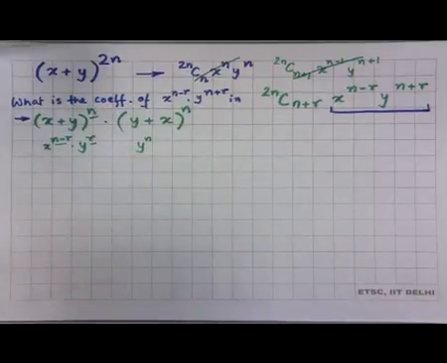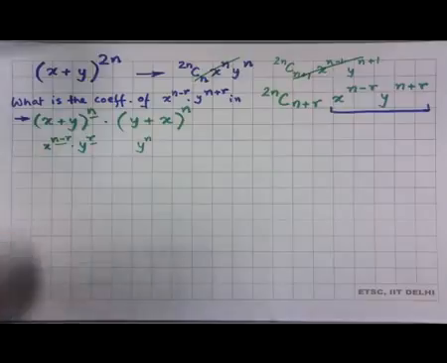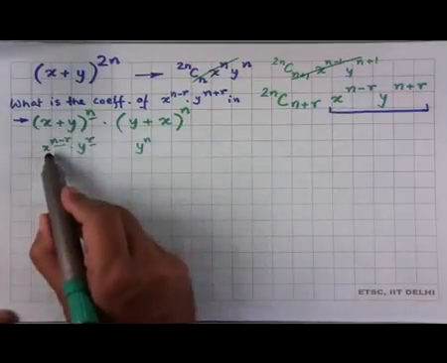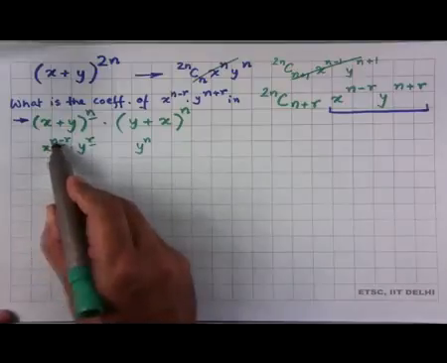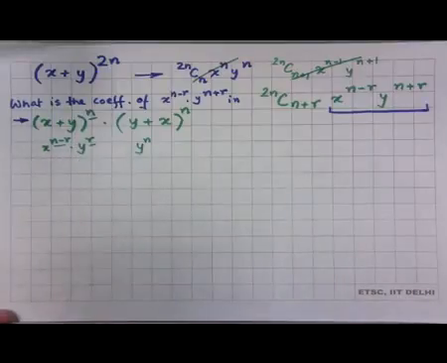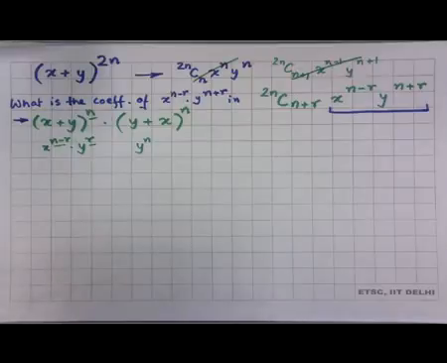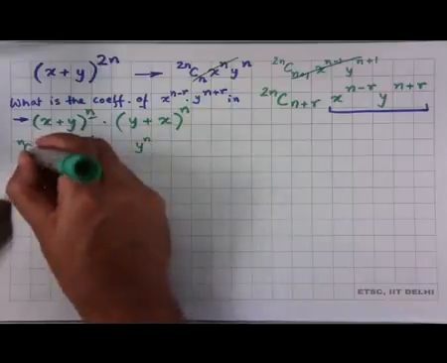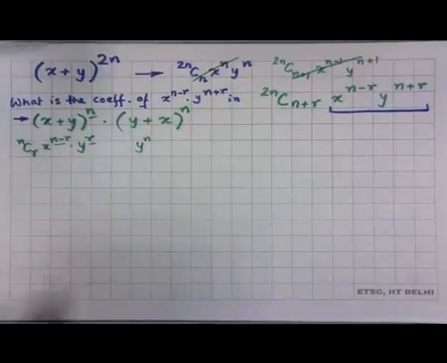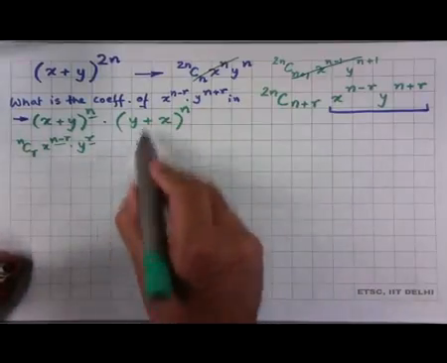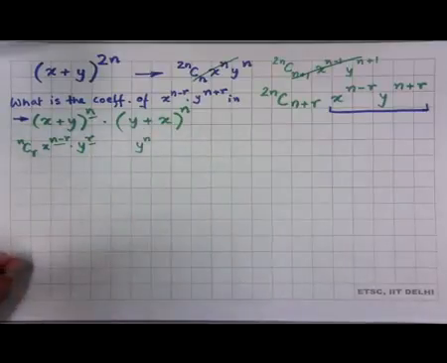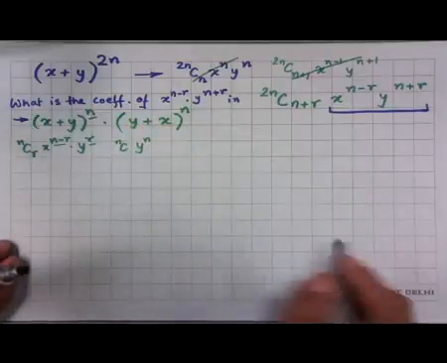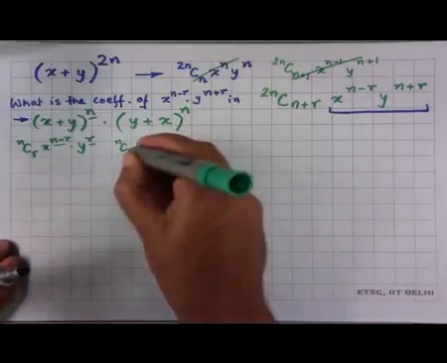So, just cross check. (x plus y) whole power n will have a term x power n minus r, y power r. What is the coefficient of that? N C r. And what is the coefficient of y power n in (y plus x) whole power n? N C n.